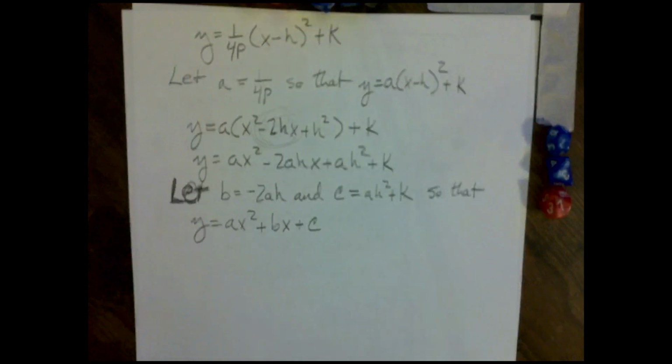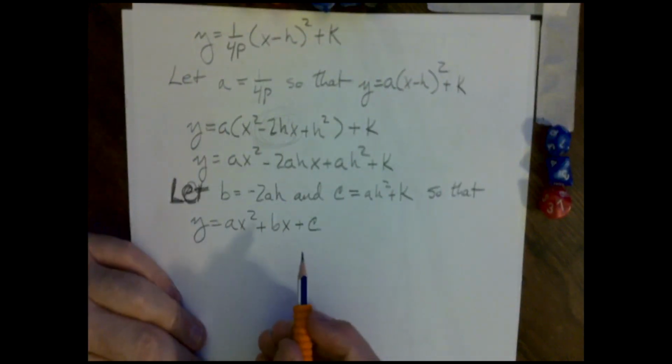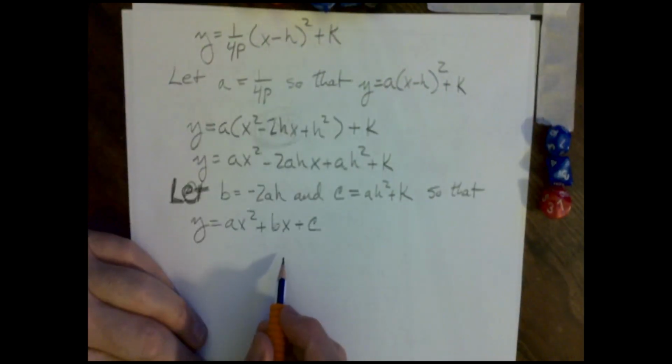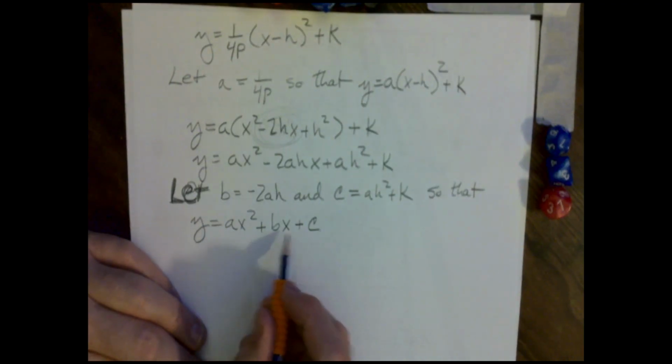So we have our standard equation from the general equation: y equals ax squared plus bx plus c.